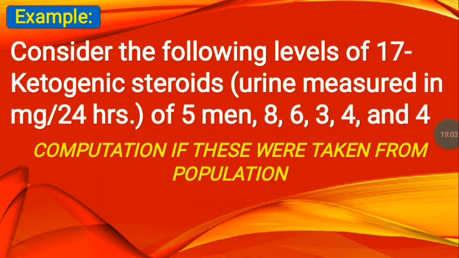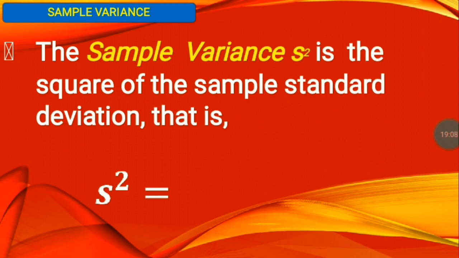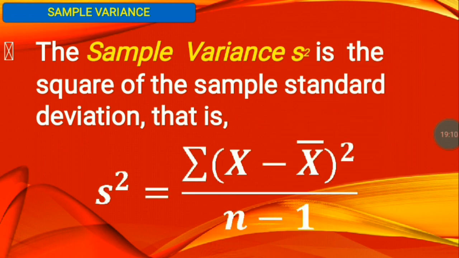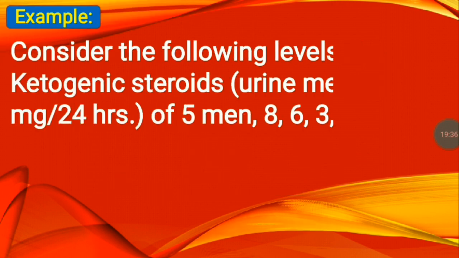And then let's have an example. Okay, the sample variance S squared is the square of the sample standard deviation. Since we already have the formula of the sample standard deviation, we will just square the formula of the sample standard deviation. So we have that formula for the sample variance. Now let's have an example.